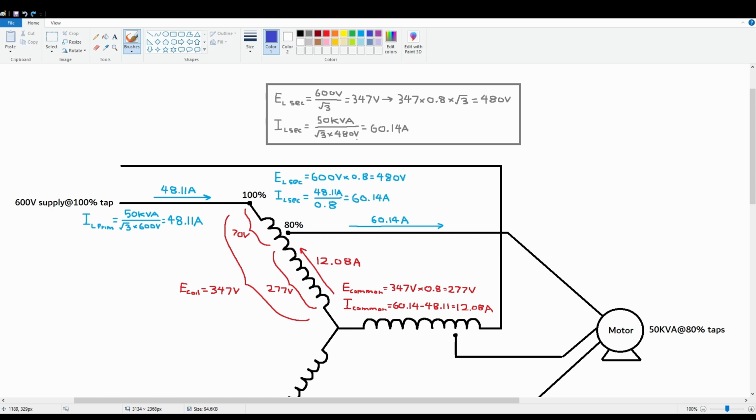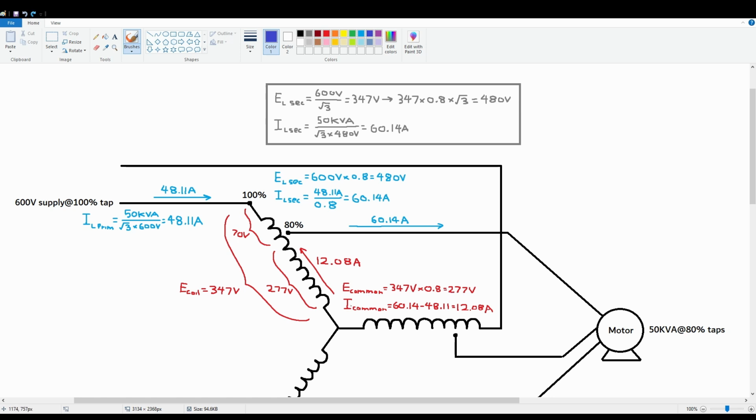Okay, once you've got your values for voltage and current for the primary and secondary sides, you can also find your common. This is the common winding right here, and it's pretty simple. The common winding voltage is 277 because it's 80% of 347.